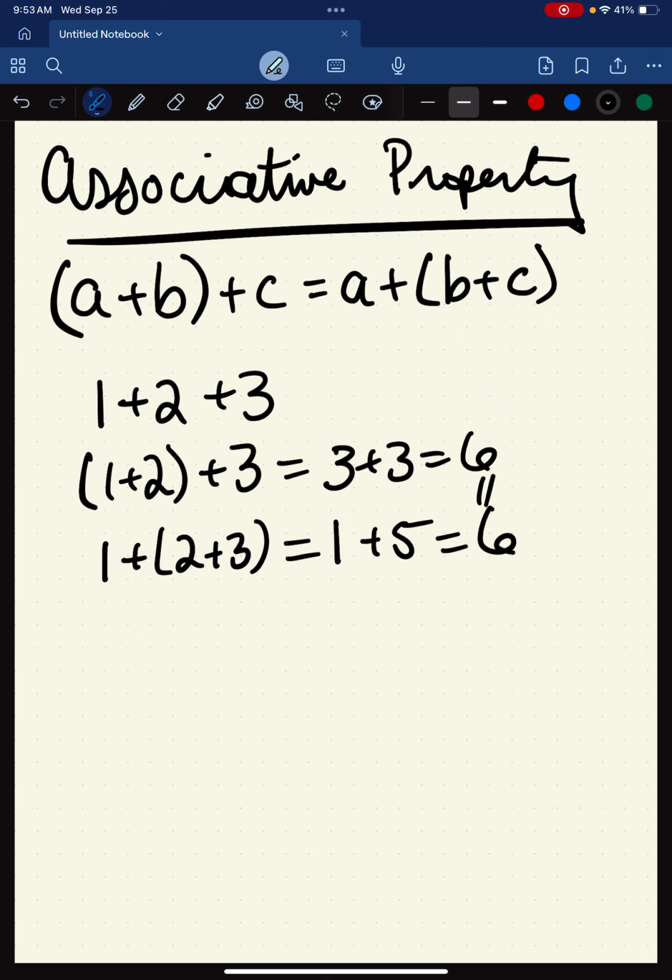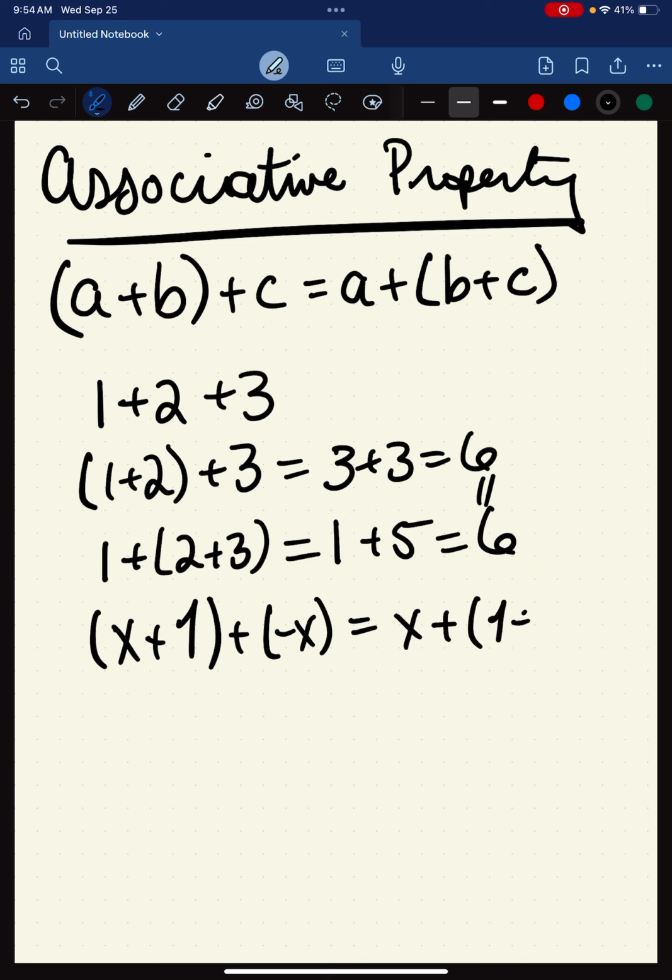Likewise, it doesn't matter if we do, let's say we have x plus 1 plus negative x. Then we can regroup things, because addition is associative, into x plus (1 plus negative x).